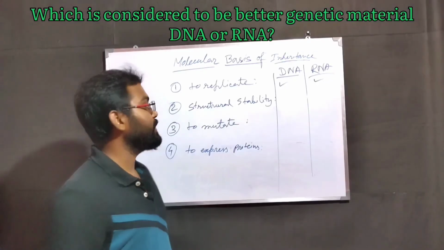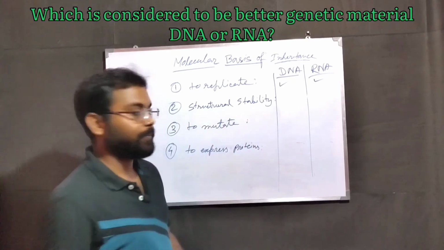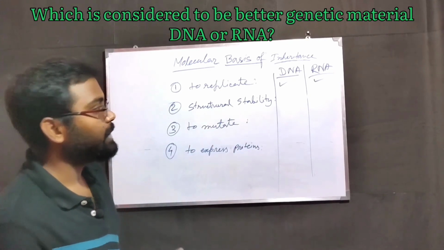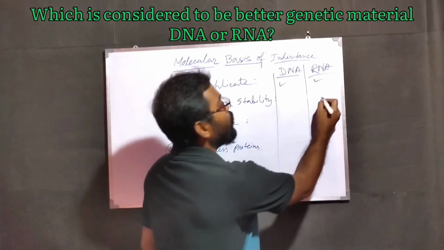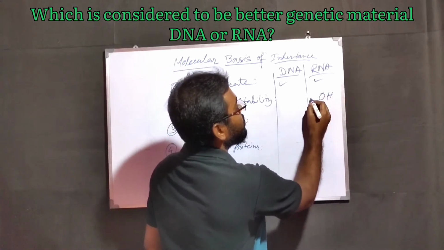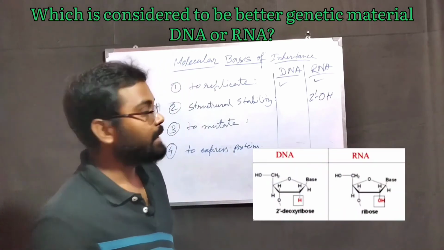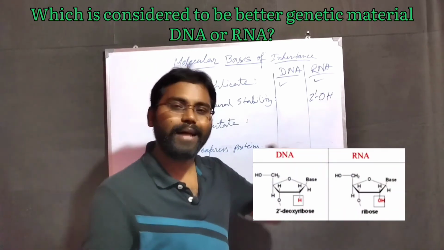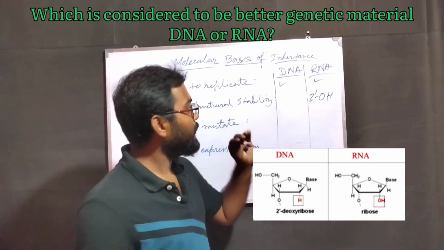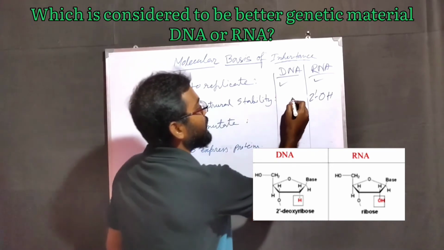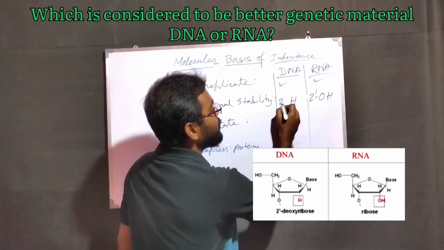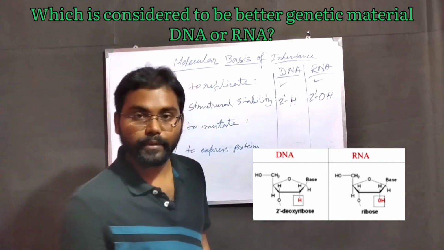The next criterion is structural stability. As we know, RNA has an OH group at the 2' position of the pentose sugar. This OH group is unstable, while DNA has only H at this 2' position.